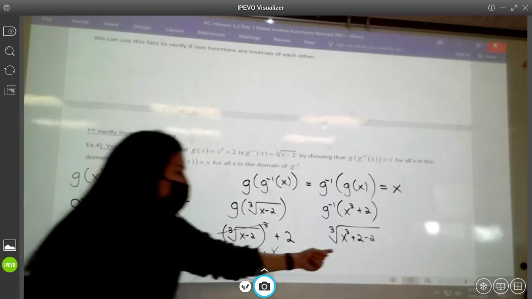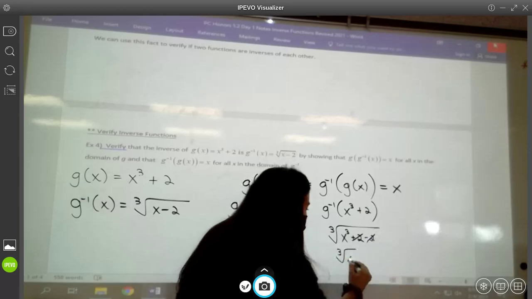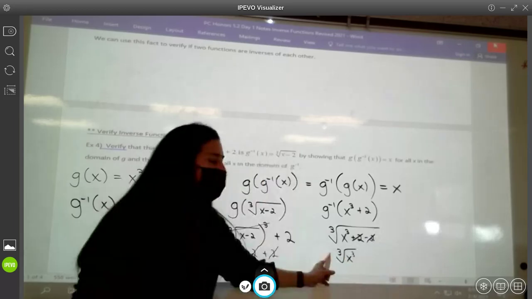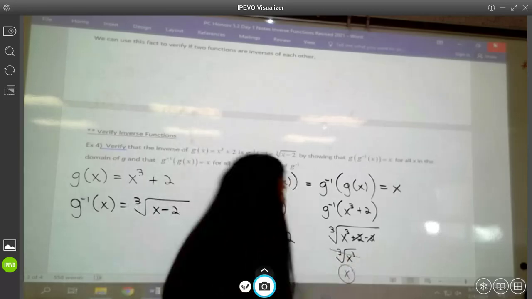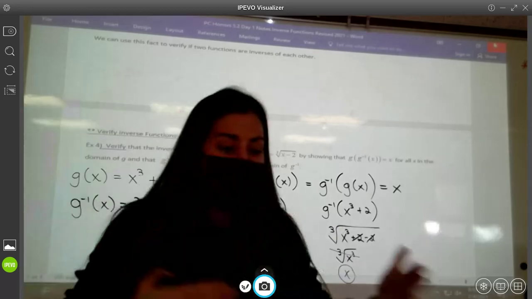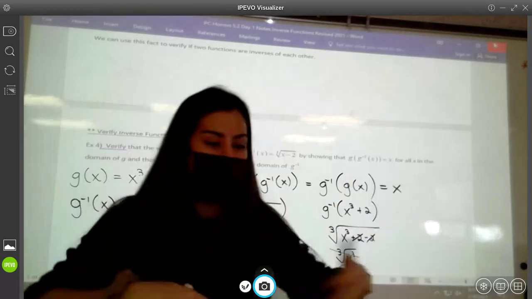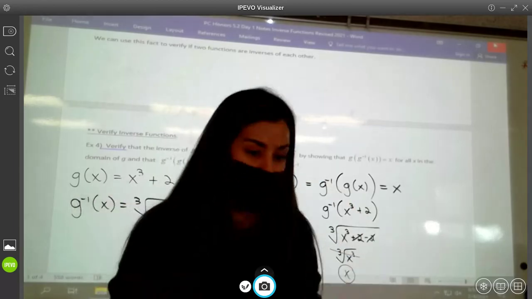So guys, what happens to a plus 2 and a minus 2? They cancel. You're left with the third root of x to the third. What does the third root and the third power do to each other? Cancel. You're left with just x. So you have proven that these two functions in any order are canceling all of each other's operations out, and you have proven that they're inverses.